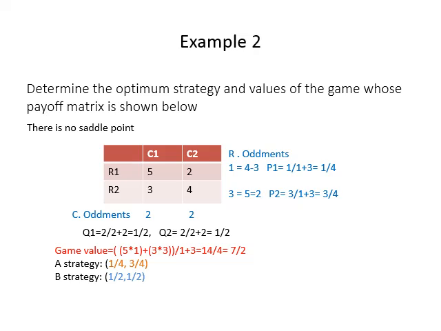Player A strategy is P1 and P2, 1 over 4 and 3 over 4. The B strategy is Q1 and Q2, half and half.